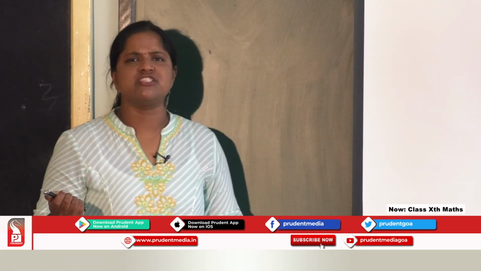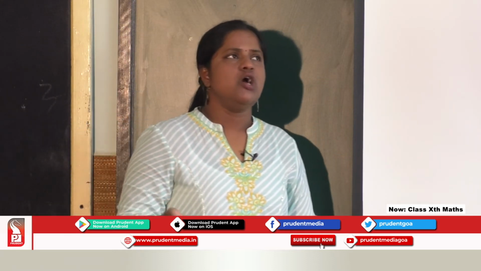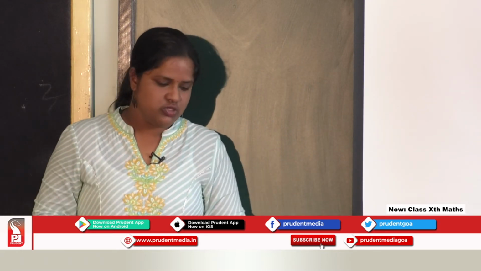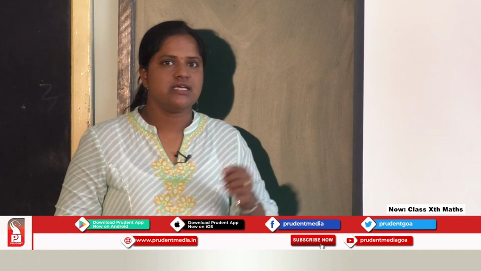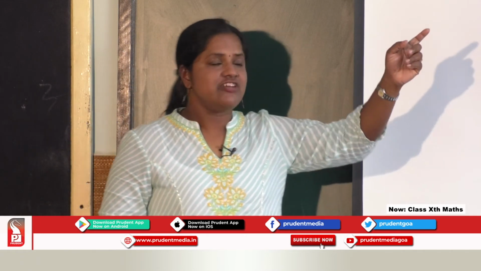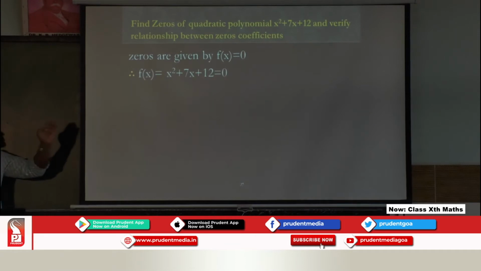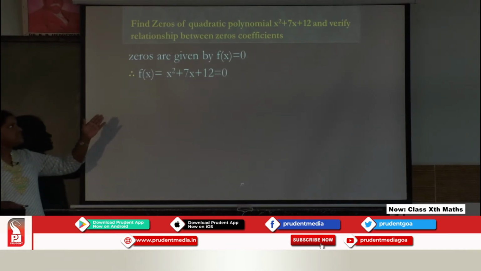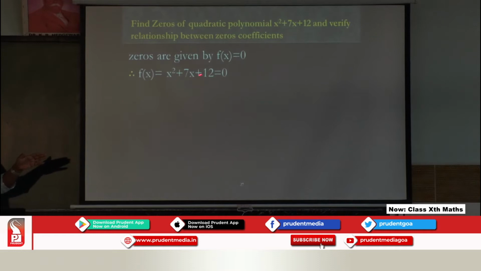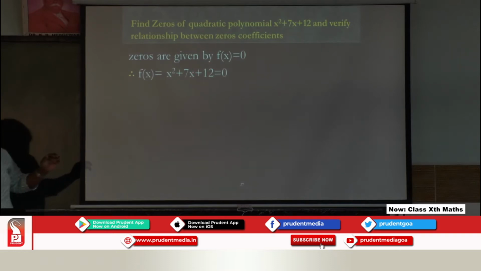We have many factors of 12 like 1 multiplied by 12 or 2 multiplied by 6 is equal to 12 and 3 multiplied by 4 is equal to 12. But out of these 3 pairs, the pair which will satisfy 7x will be 3 and 4, because positive 3 and positive 4 will give me positive 7.